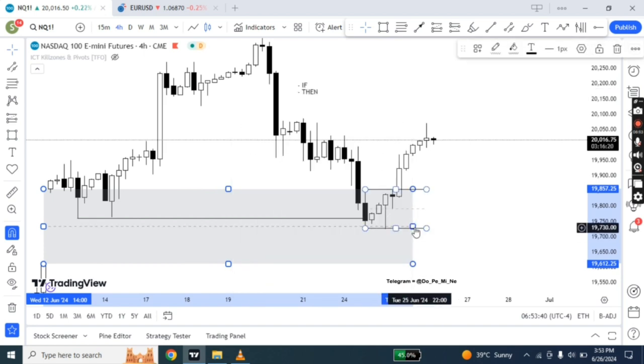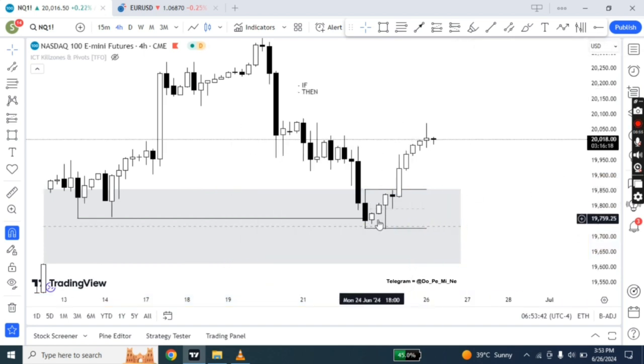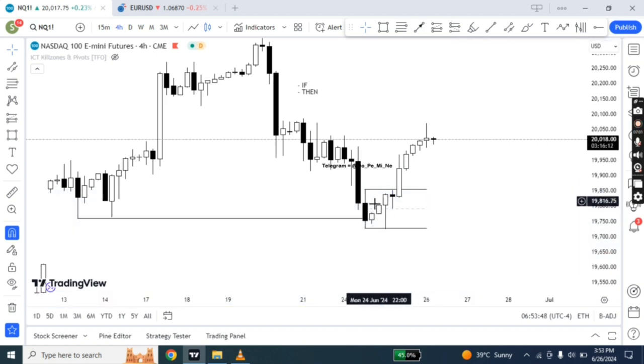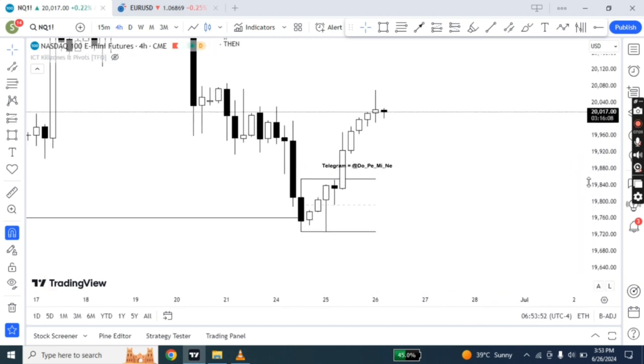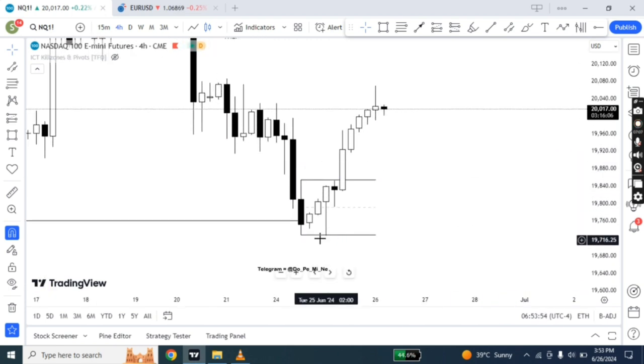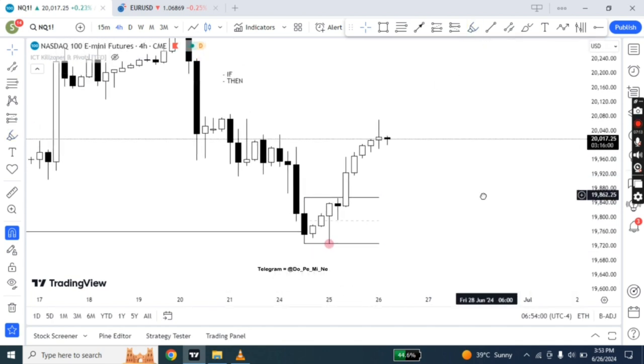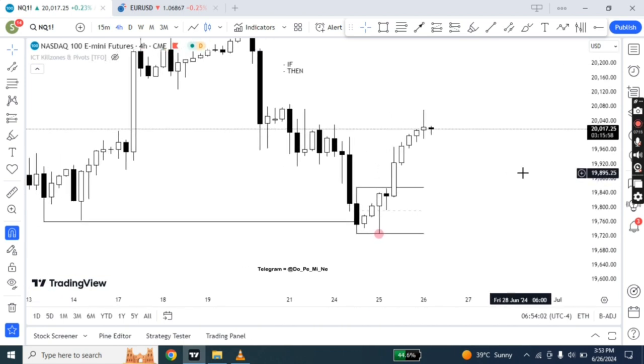Another factor is that we had inside bars and this CRT, which generated interest above and below the CRT low and generated liquidity. Not only that, the purge of this CRT occurred at a key time, which confirmed this to be a potential CRT that we can trade on the lower time frame.